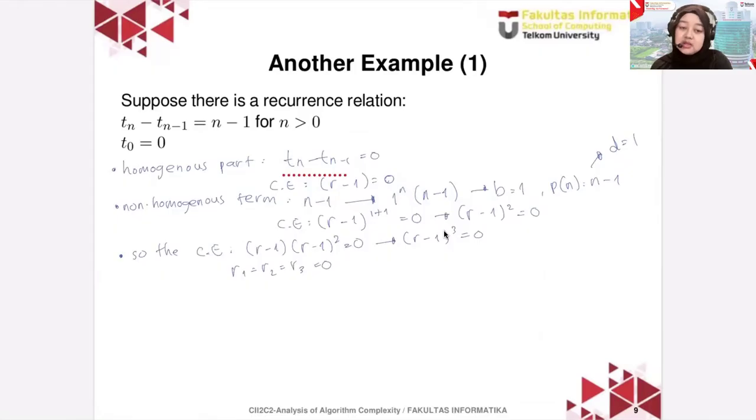And from that, we use the theorem we learned last week, that the general solution for Tn will be a coefficient C1 times 1 to the n plus C2 times n, because it is doubled, plus C3 times n squared, because it is tripled.